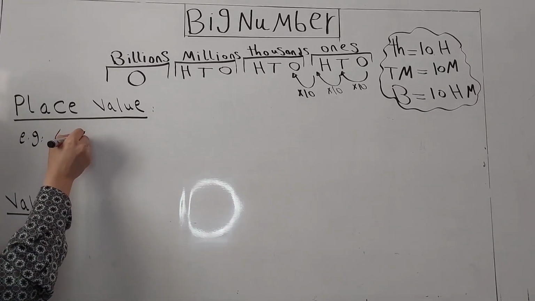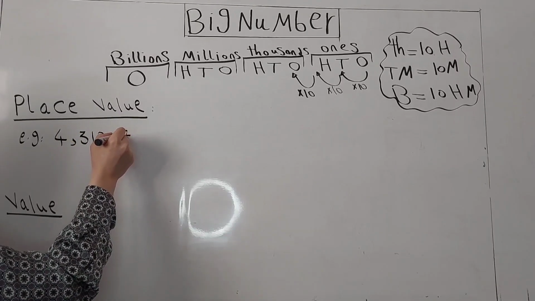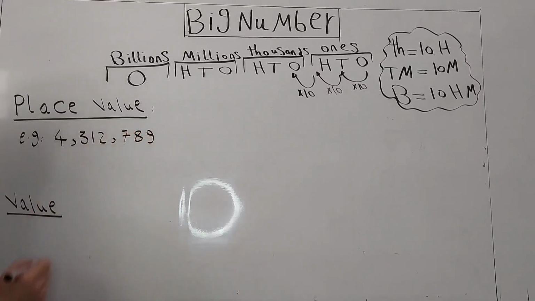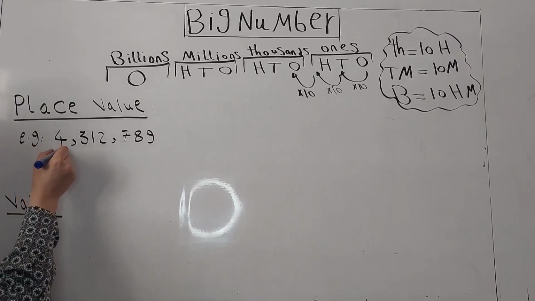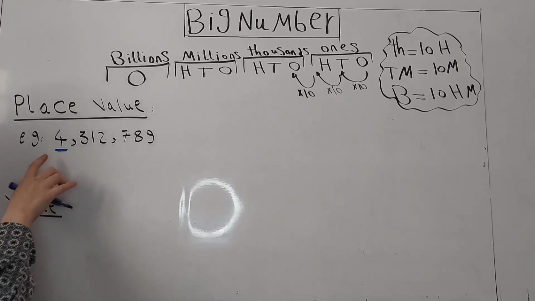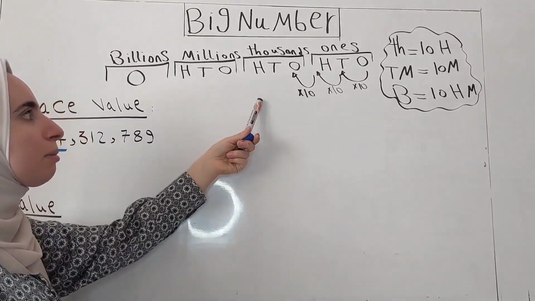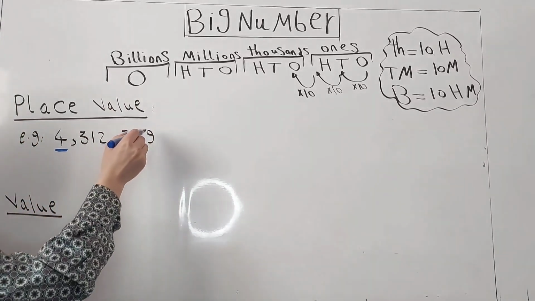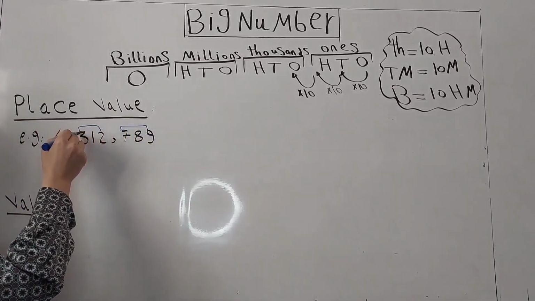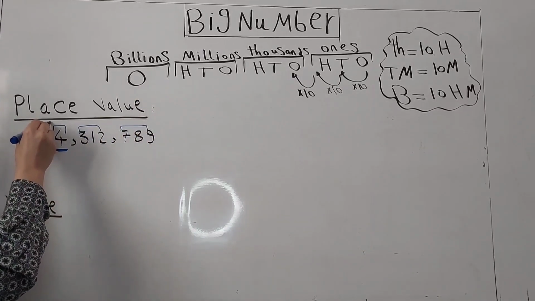4, 3, 1, 2, 7, 8, 9. We need to find the place value for the digit 4. The digit 4 is in which family? First family or second family or third family? This is first, this is second, this is third. The third family is called millions.